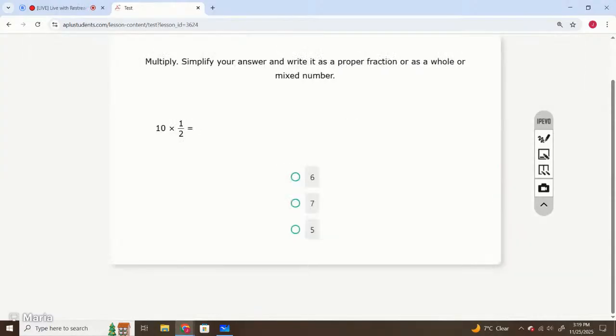Multiply. 10 times 1 by 2. So which is the correct option? 10 times 1 is 10 and 2 times 1 is 2. So 2 times what number is 10?